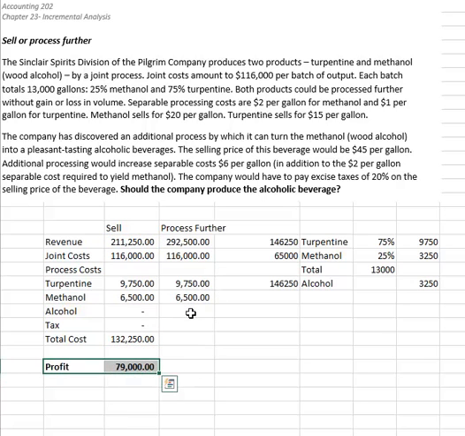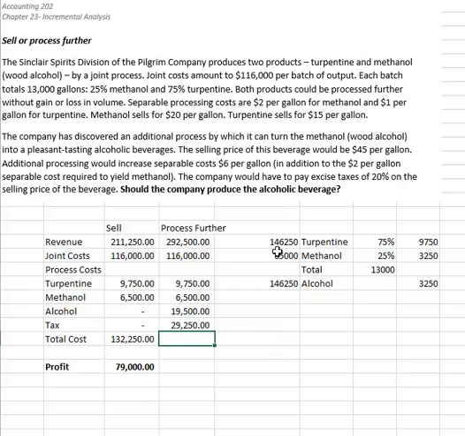But if I process it further, I have to turn these 3,250 gallons into the drinkable alcohol at an additional $6 per gallon. So there's my additional cost. Plus I have to pay 20% on the alcoholic beverage, so I take this revenue for the alcohol only and multiply it by 20%.